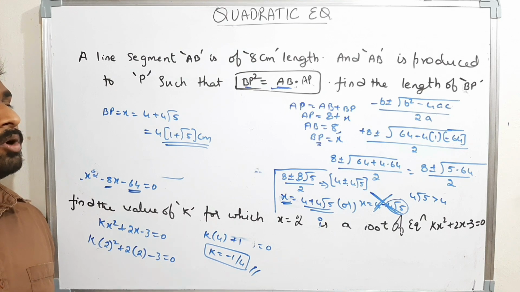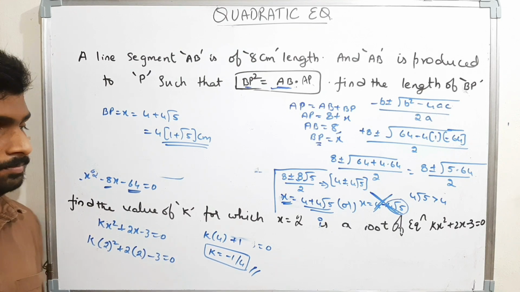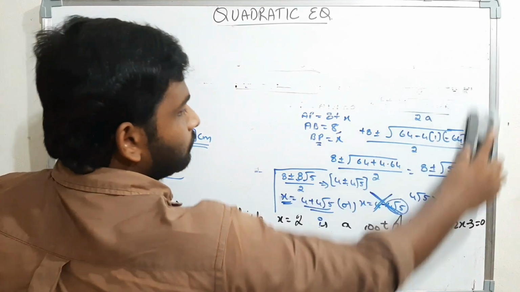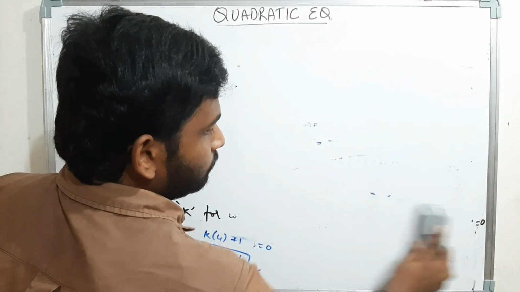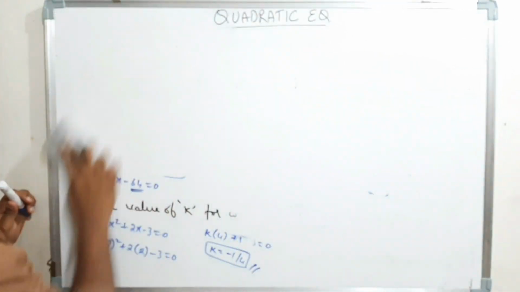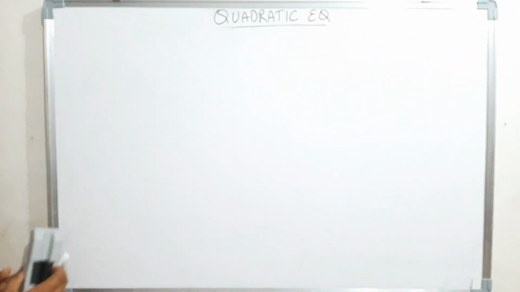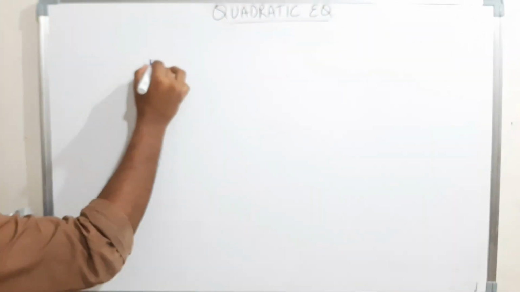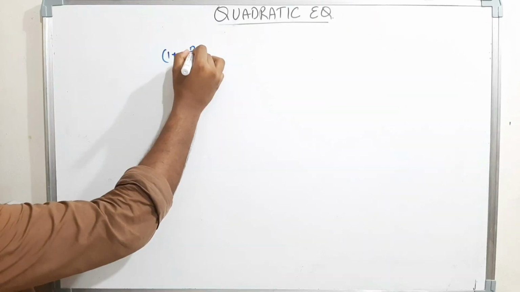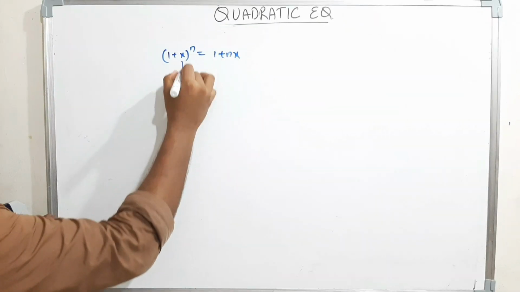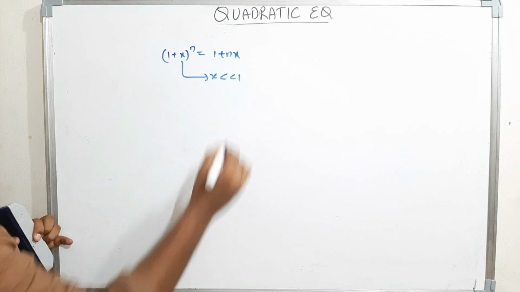Now we will solve two problems in binomial expansion. What is binomial expansion? Already we have seen 1 plus x whole power n is equal to 1 plus nx if x value is very less than 1.